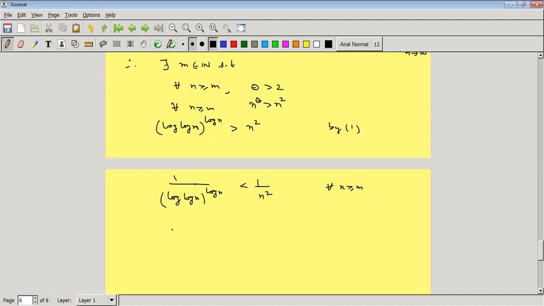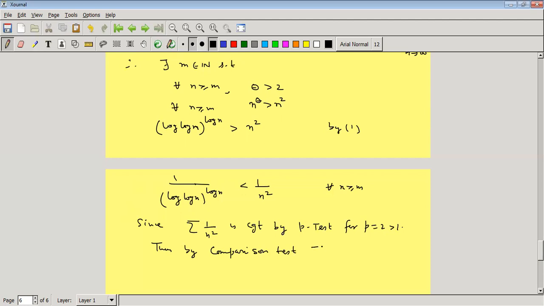Since summation 1 upon n^2 is convergent by the p test for p equal to 2, which is greater than 1, thus by the comparison test, we can say that the series summation 1 upon (log n)^(log n) is convergent.